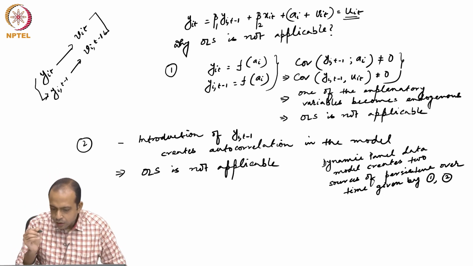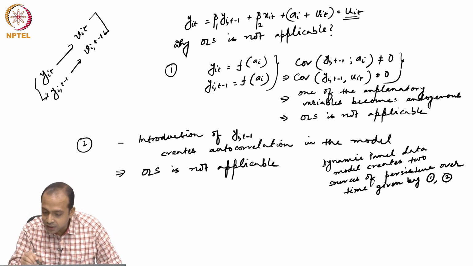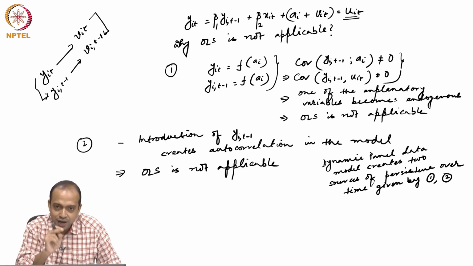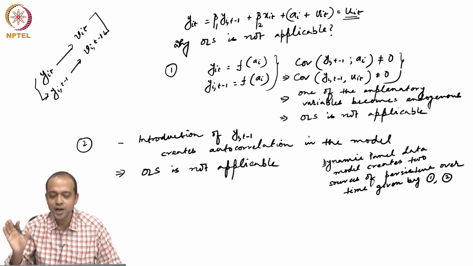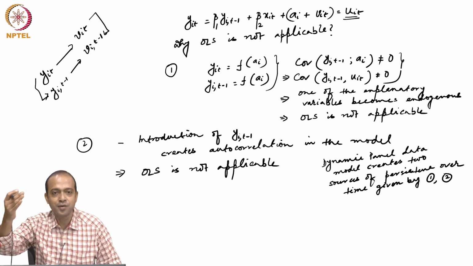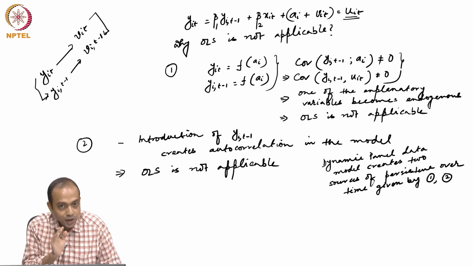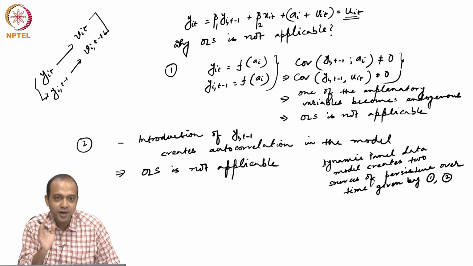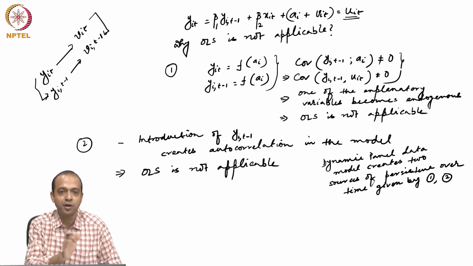So, if we can remove AI from the model, then we can get rid of this endogeneity problem. At the same time, we will get rid of one type of persistence at least from the model. Okay. One type of persistence, that AI getting carried forward over a period of time. So, now we will see whether we can estimate this dynamic panel data model by simply a fixed effect transformation, which we have learned earlier.